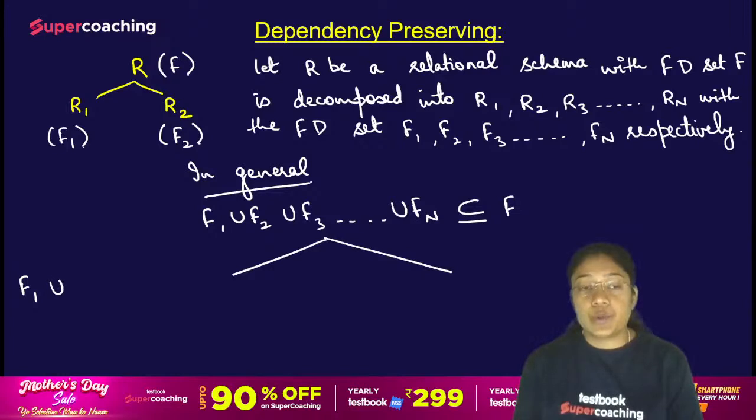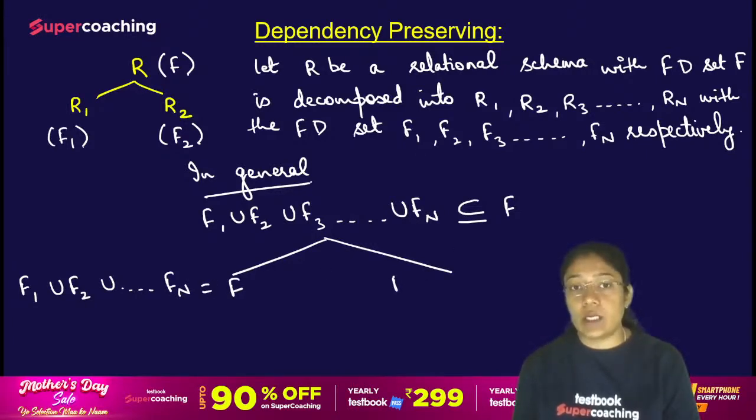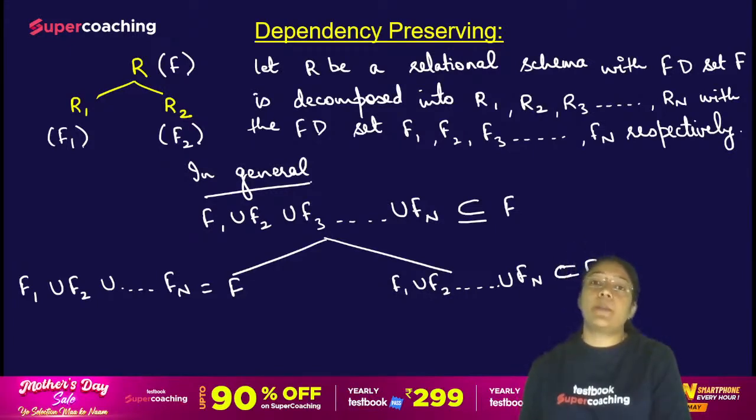If it is preserving all the dependencies, that means Fn is equal to F, or other possibility is it is not preserving all the dependencies, so less than F. Some of the functional dependencies are lost.